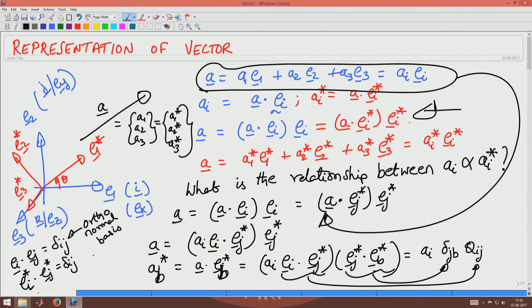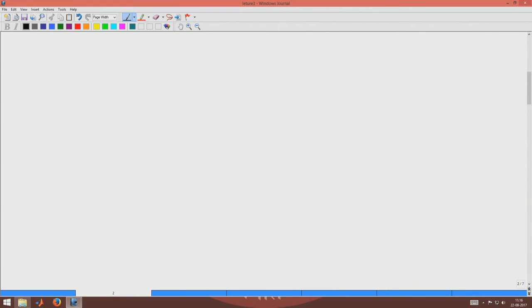So let us write now for the transformation that we had. Let me redraw the figure, the axes E1, E2, E3, and I add the axes rotated, E1 star, E2 star and E3 star, like this, that is an anticlockwise rotation of theta.